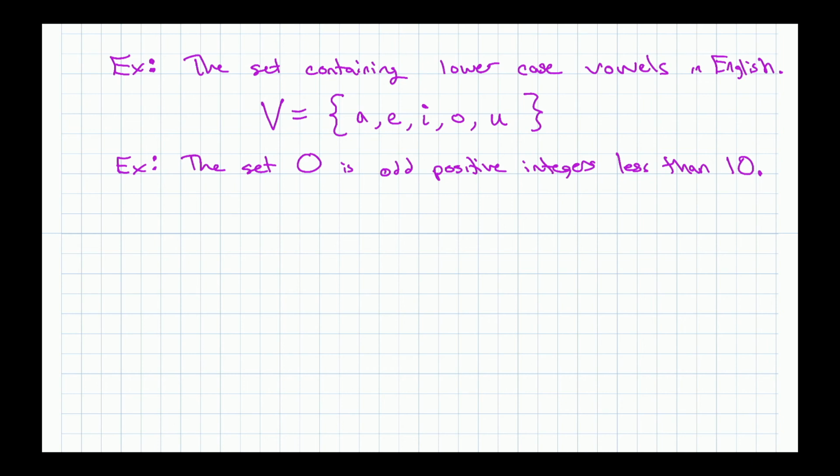Well, they told us to call it O, so O equals curly braces because we're writing a set. We want odd positive integers, so that's easy enough, you just list them. Starting at 1 and all of the odd numbers less than 10: 1, 3, 5, 7, 9. There you go. That's the set.